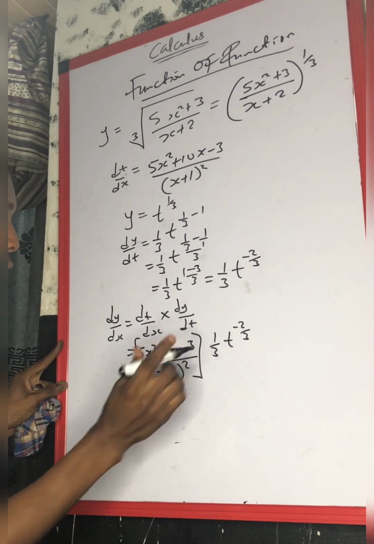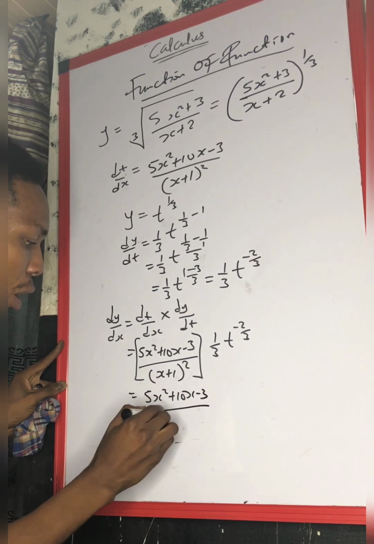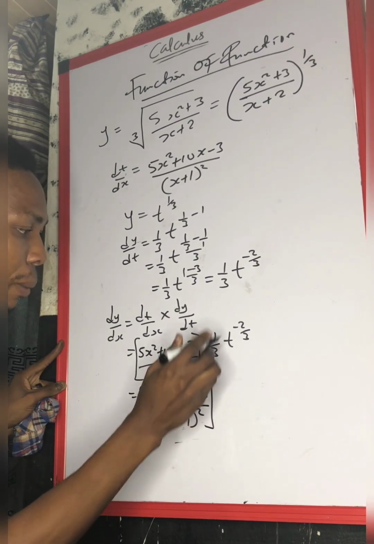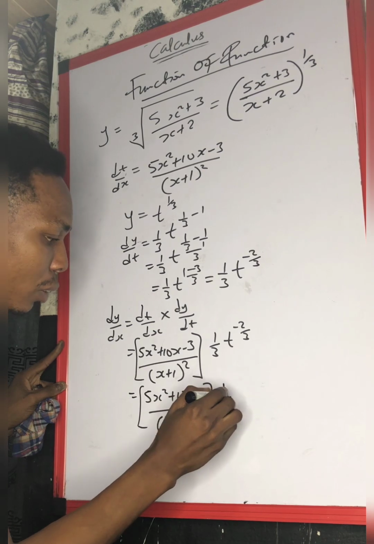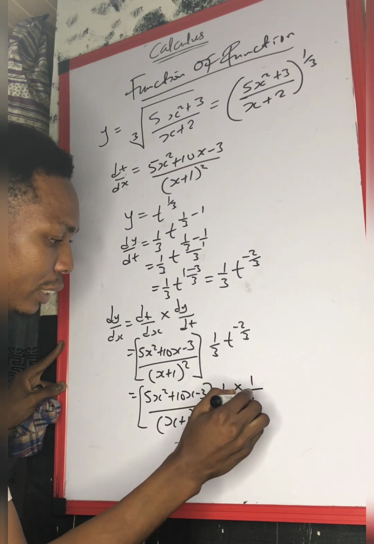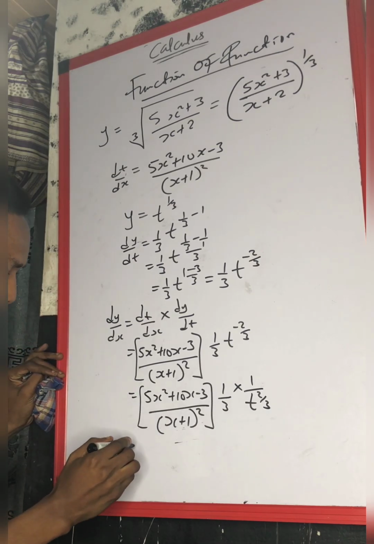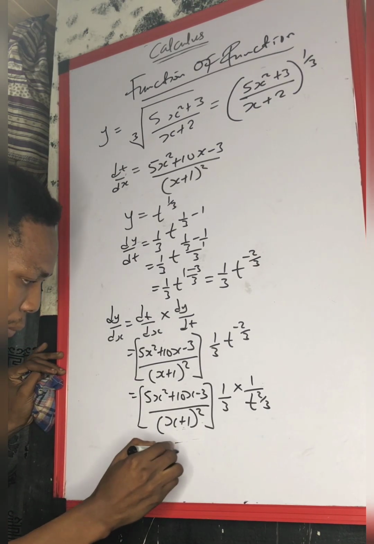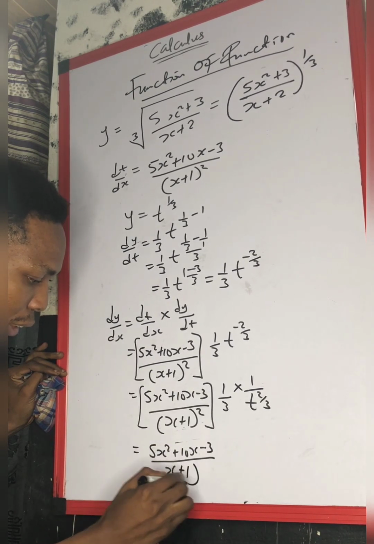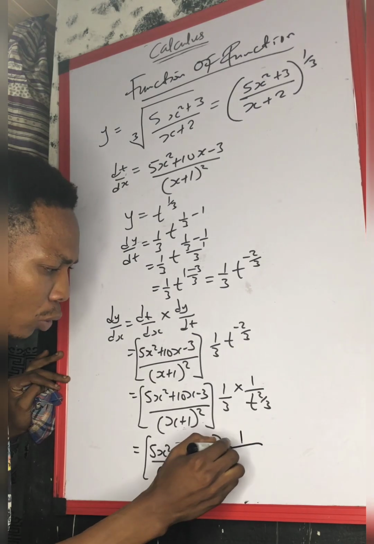So this is (5s squared plus 10s minus 3) all over (s plus 2) squared, times 1 over 3 times 1 over t to the power of 2 over 3.